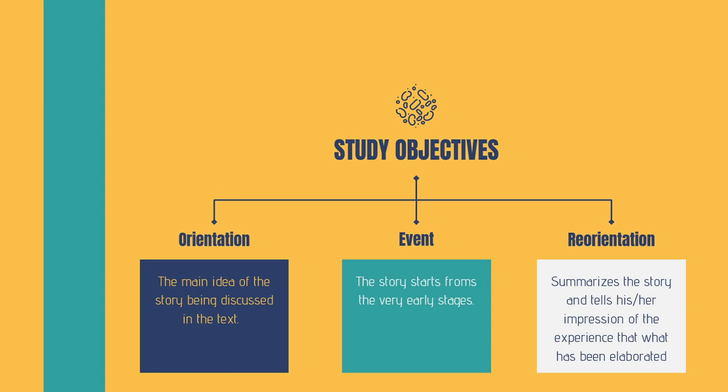Orientation: the main idea of the story being discussed in the text. Events: the story starts from the very early stage. Reorientation, which is optional, summarizes the story and tells his or her impression of the experience that has been elaborated.